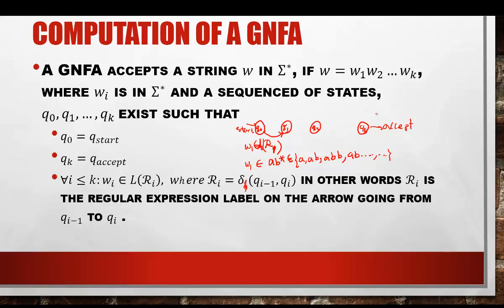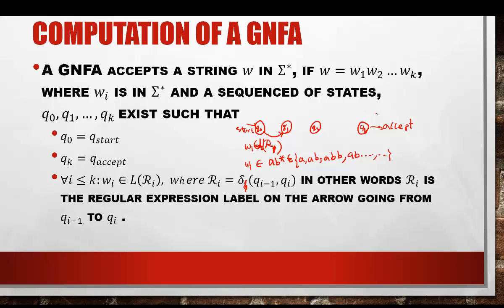It starts from the start state, it ends in the accept state, and it takes the transitions accordingly, by looking at each transition from one state to another and reading a block of symbols from your input string. By the time you're done reading the last block of symbols, if you are in the accept state, then your machine accepts the string.